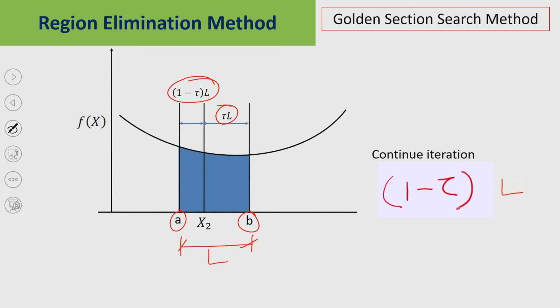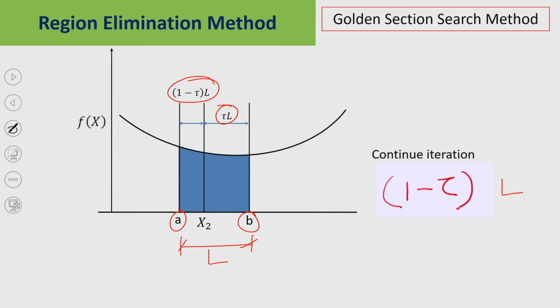After the first iteration, in every iteration I am only doing 1 function evaluation, because the earlier point will be either x 1 or x 2, that means either at tau L or 1 minus tau L. So, I get one point from the earlier iteration and I have to take only a new point. Therefore, every iteration you are eliminating 1 minus tau percentage of the region and doing 1 function evaluation.